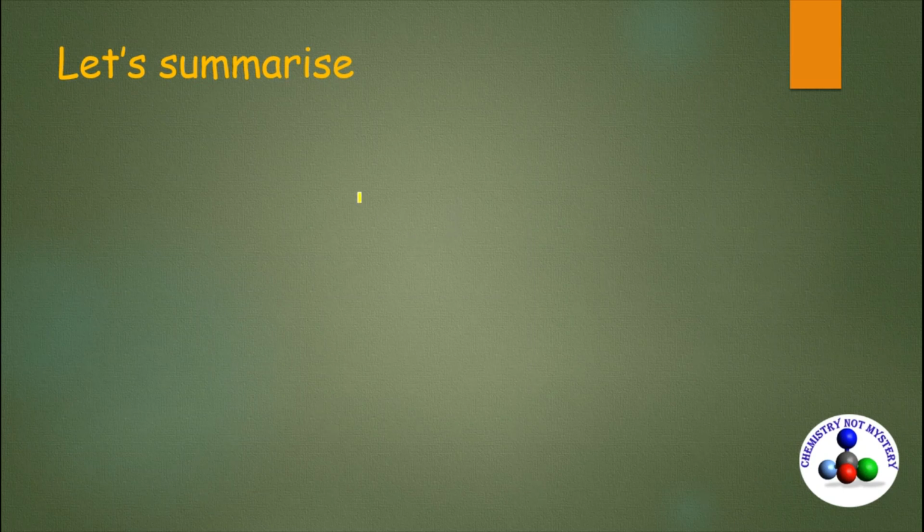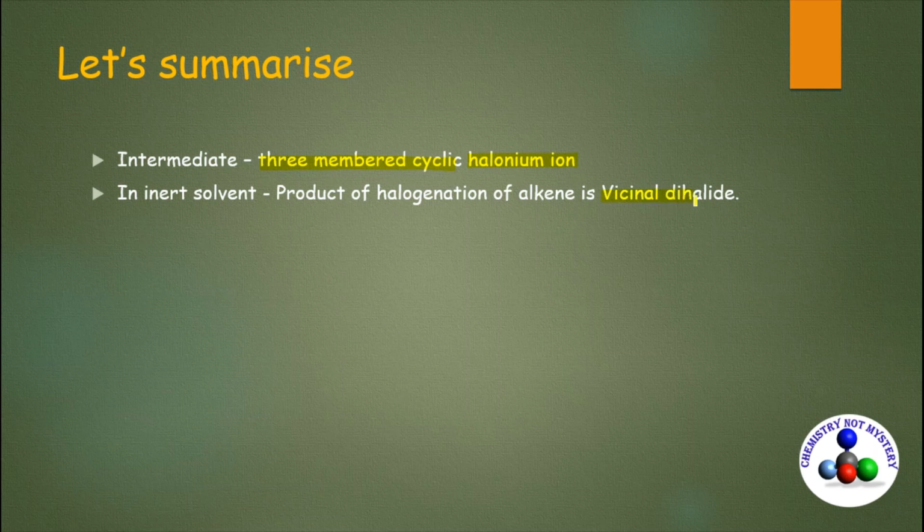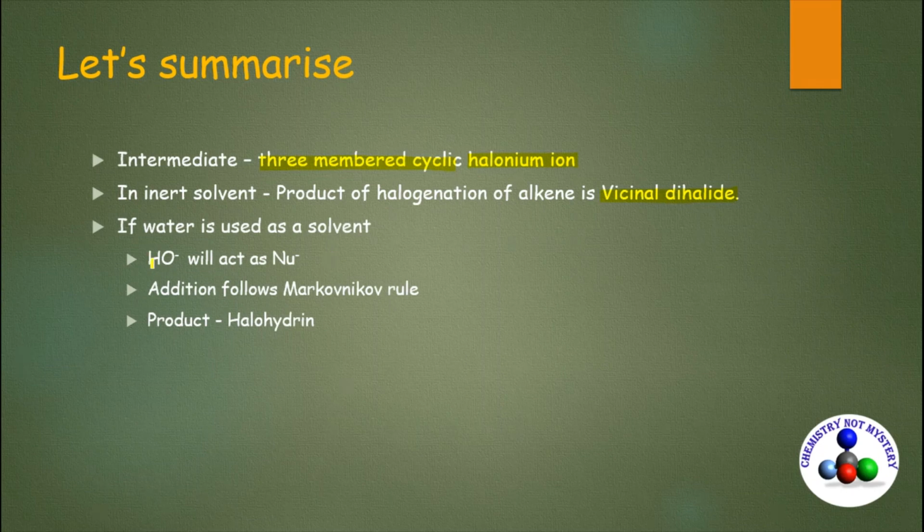Let's summarize what we have learned today about halogenation of alkene. Here, three-membered cyclic halonium ion is formed as an intermediate. In inert solvent, the product of halogenation of alkene is vicinal dihalide.